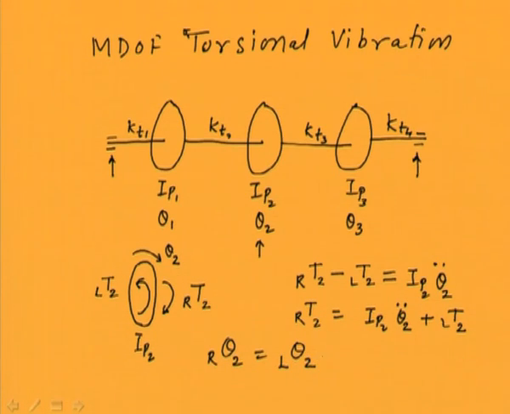Okay. So these two equations, if you see carefully, in the left hand side we have kept terms which have subscript R, and in the right hand side we have kept the terms which have subscript L. So here, because both are the same, we can add subscript L to the theta here.